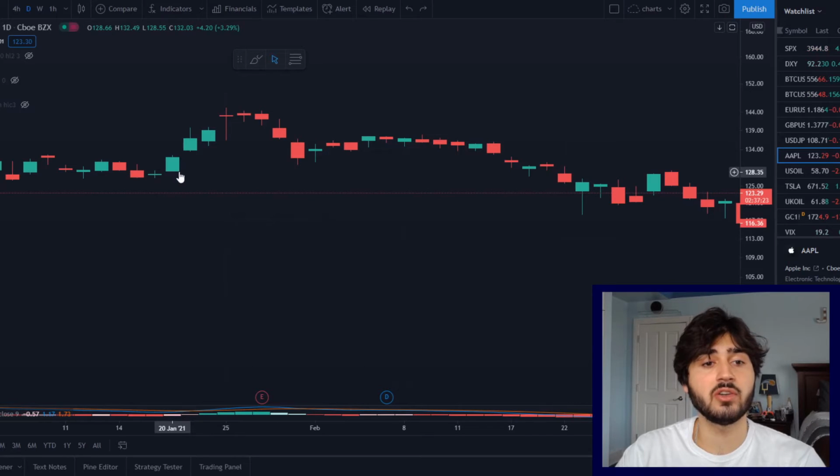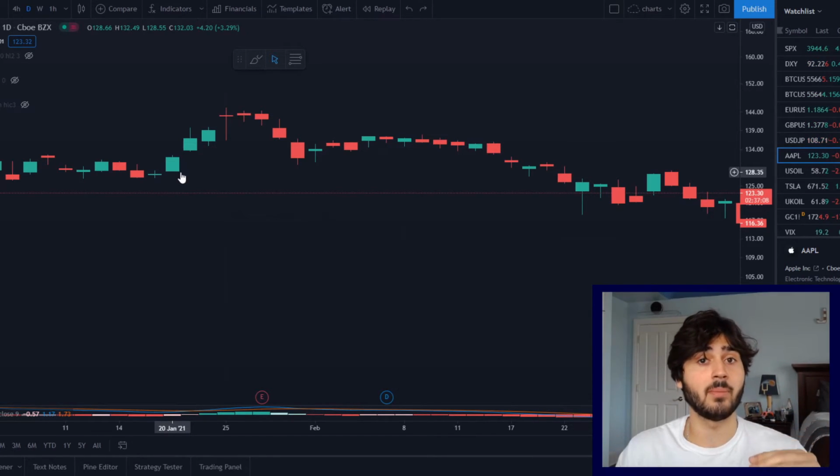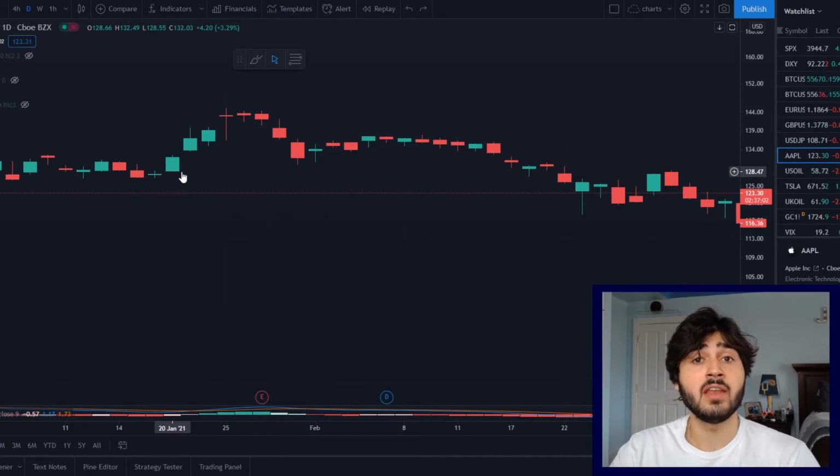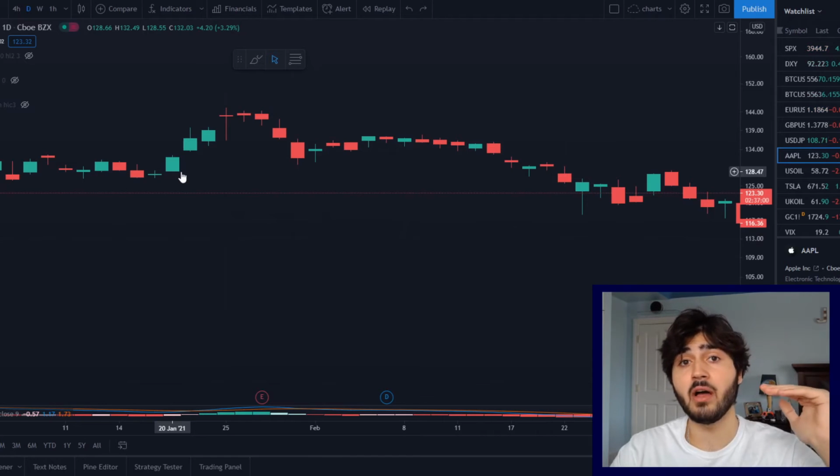So for this green candlestick right here, you could see that we opened up at around 128.35, as you can see at the gray bar all the way at the end. That was the open, because remember, for the green candlestick, the open is the bottom of the candle. Now the close is going to be the top of the body.